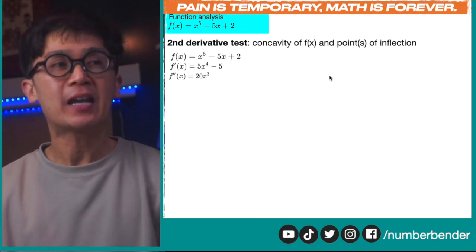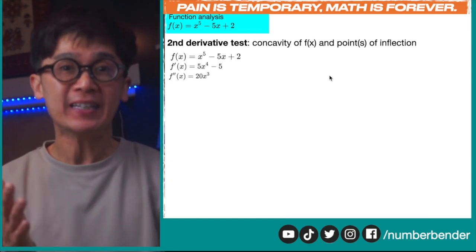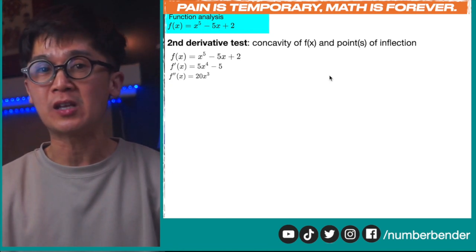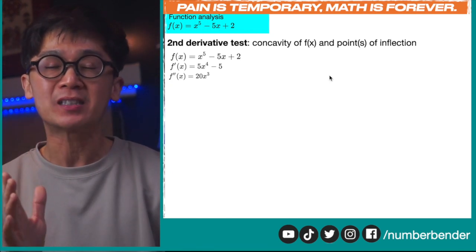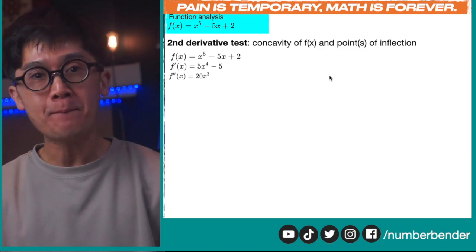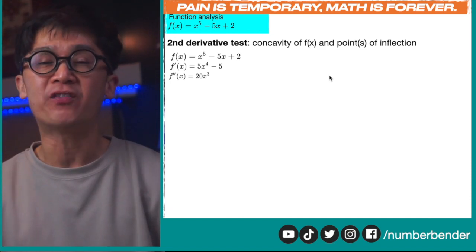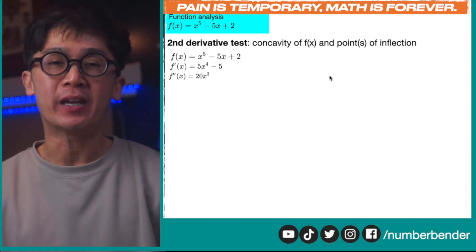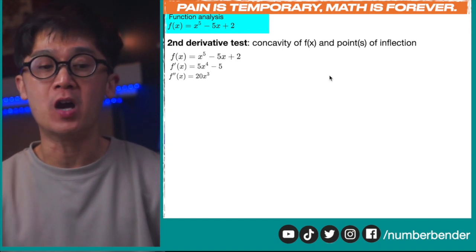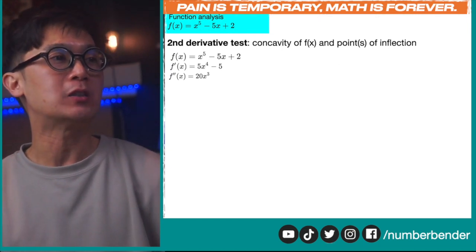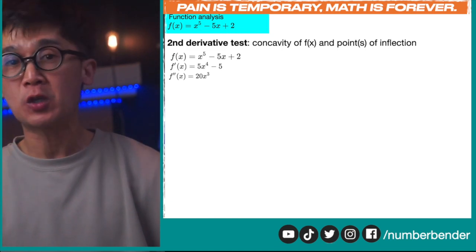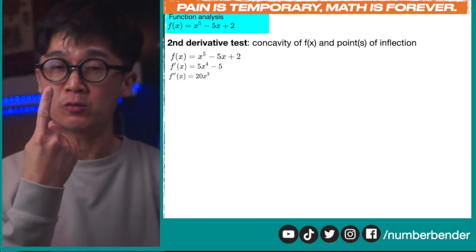And in this particular second derivative, tulad ng ginawa natin kanina, we need to find the solutions for f double prime of x so that we can find the critical number that would help us identify where the point of inflection is and the concavity of our function. So let's find the solutions of 20x cubed, if it's even a solution, so maybe it's just one solution.